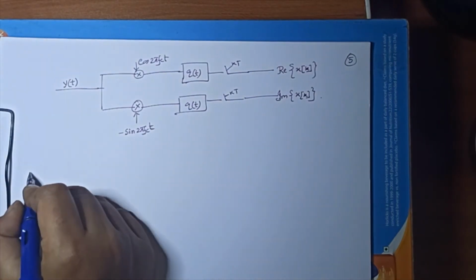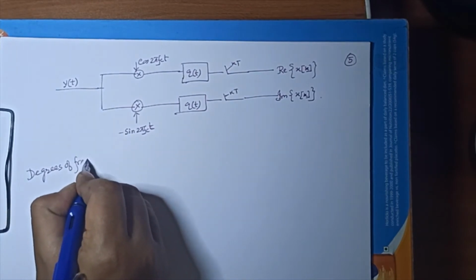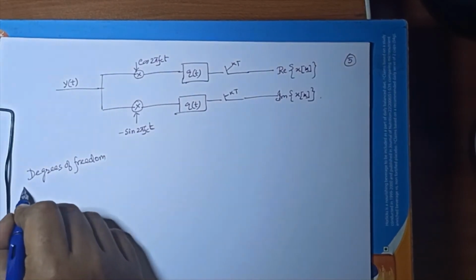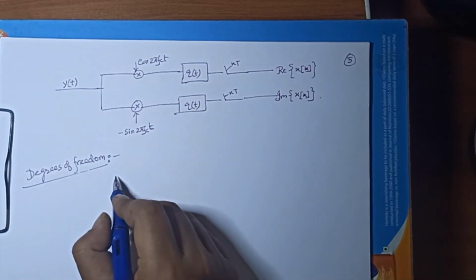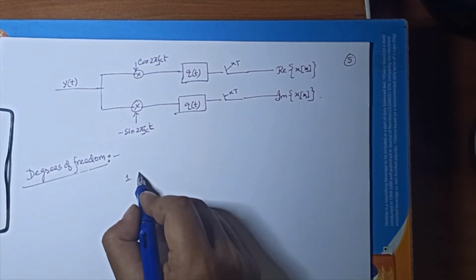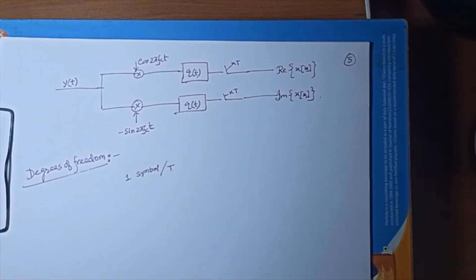We can talk about the degrees of freedom now of this PAM and QAM. So in PAM we know that the signal is coming at one symbol per T time. Okay.